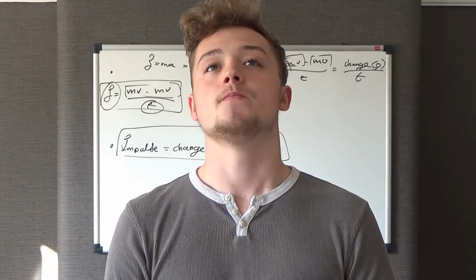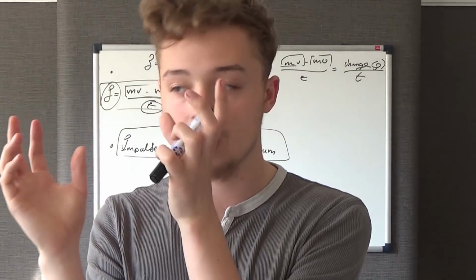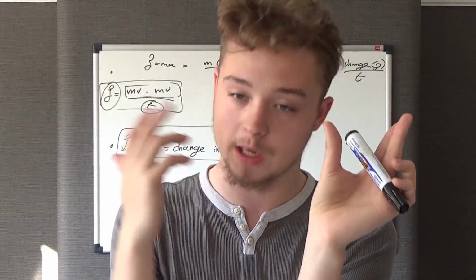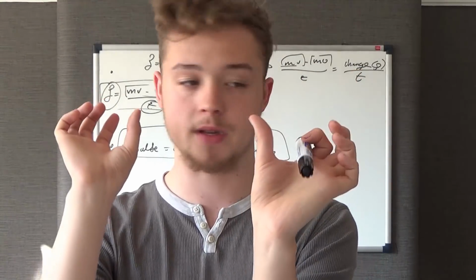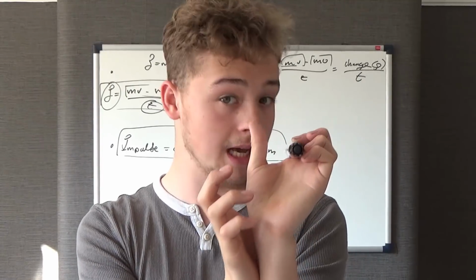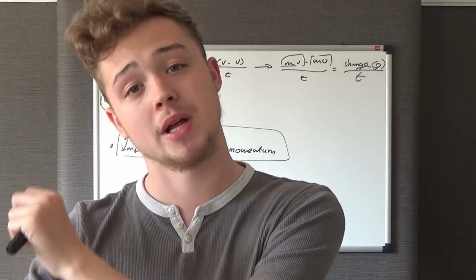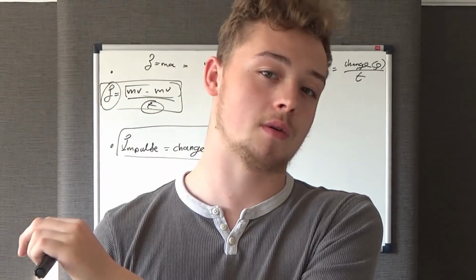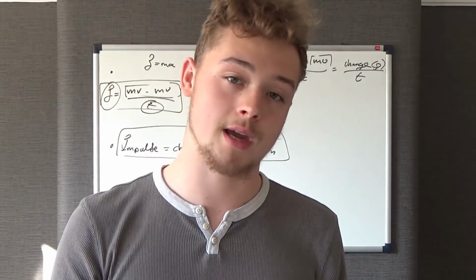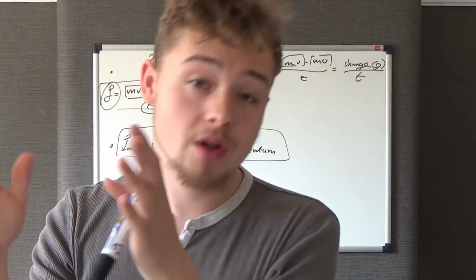In other words, if you have something colliding with your object, and you're considering the momentum of one object, then you've got to include everything you include at the start, you must include at the end. All the objects that you calculate the momentum of at the start must be there at the end, even if the velocity is 0.